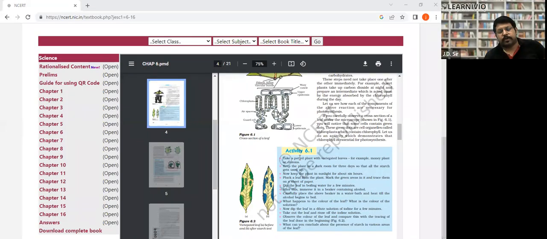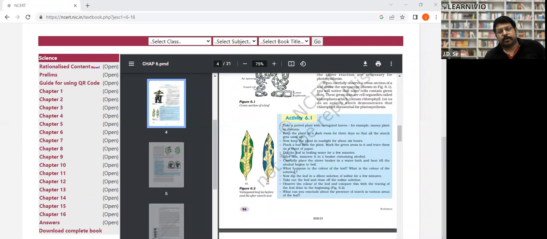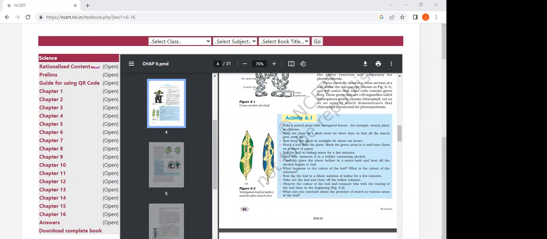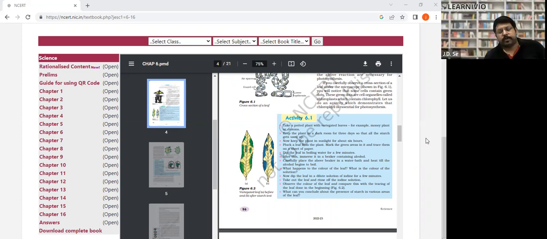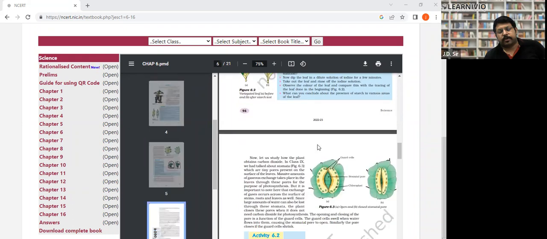Is it visible to you? Yes, sir. Visible. This starch test experiment, right? This experiment is very important. Note it down. This one, 6.1. And in case you are unable to get it at any point, you can ask me, right? Note it. Then come to the next one. So this 6.1, this is important.